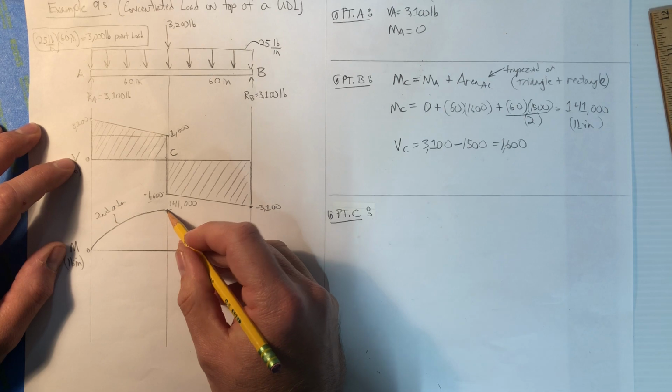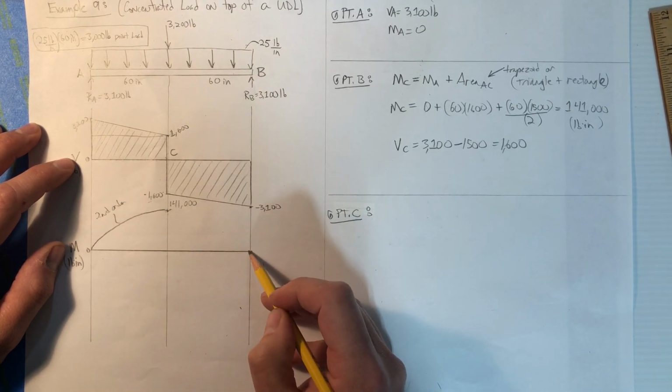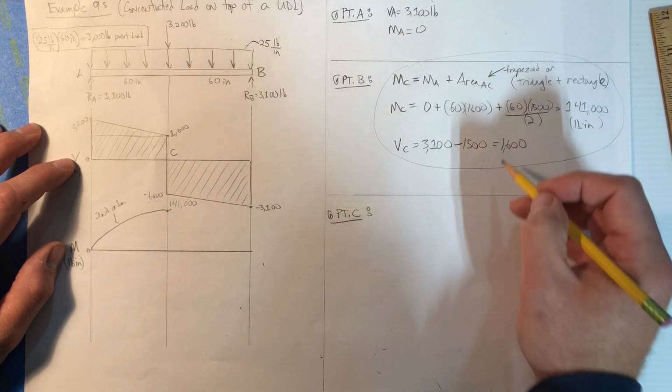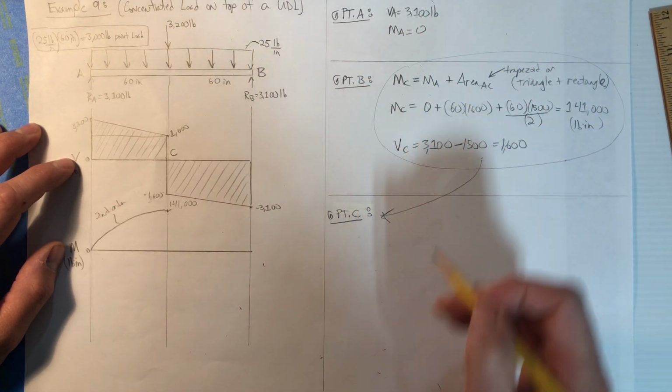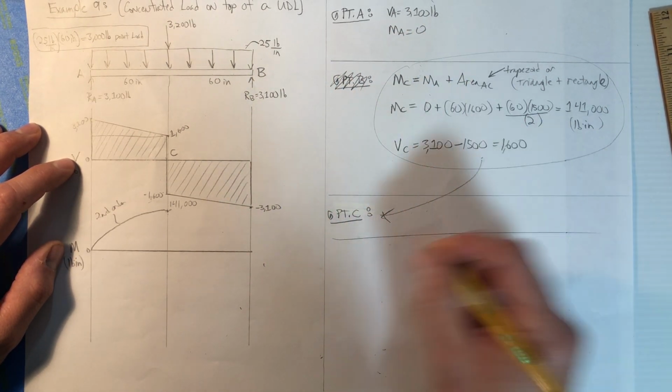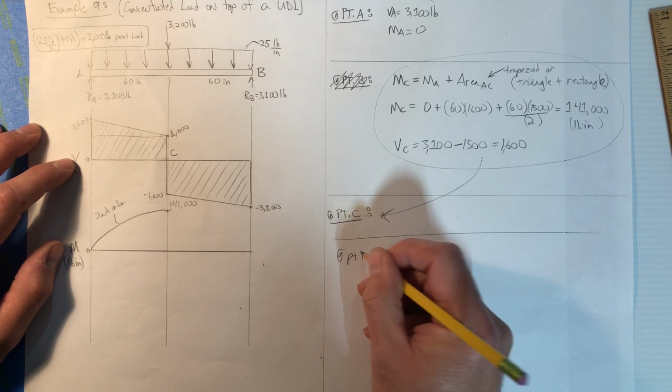So now that I know the moment here, I want to figure out what's going on at B. So I can go back to B. I'm sorry, all this here should be here at point C. Well, let me cross out point B. I'll do point B right here. So at point B, let me go back.